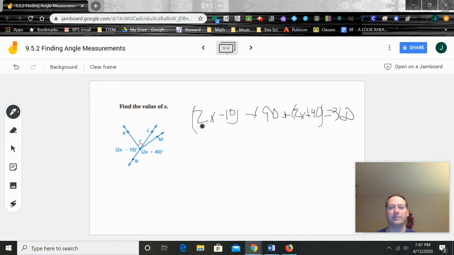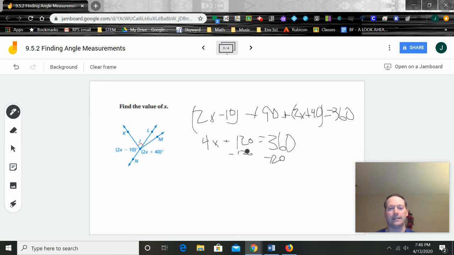Combine my like terms. So I have a 2x here and a 2x there, so that's 4x. Negative 10 plus 90 is 80. 80 plus 40 is 120. That equals 120. That equals 360. Subtract 120 from both sides.